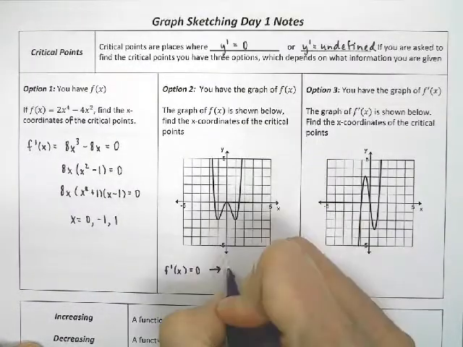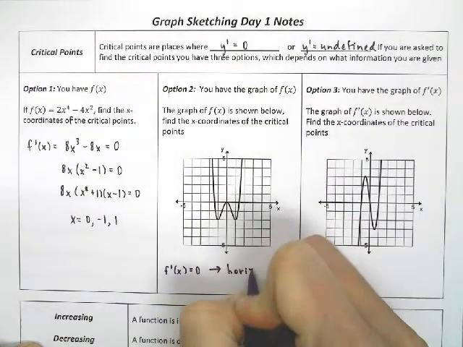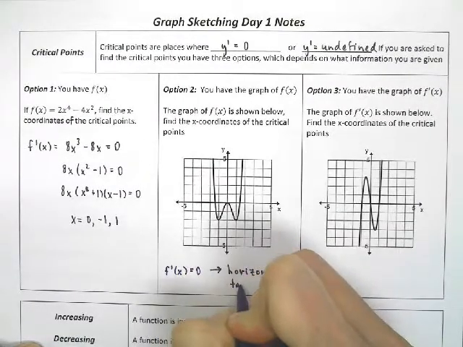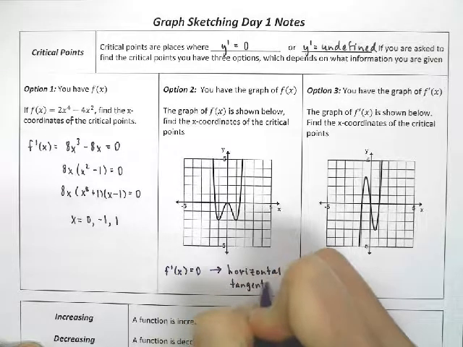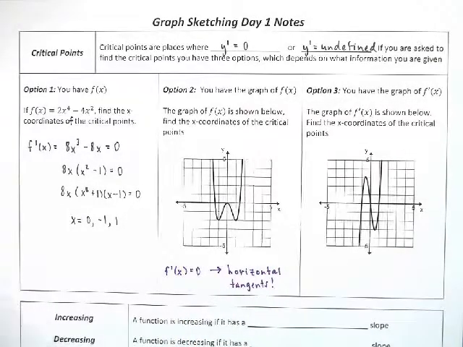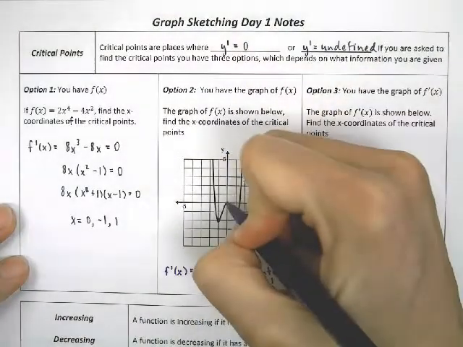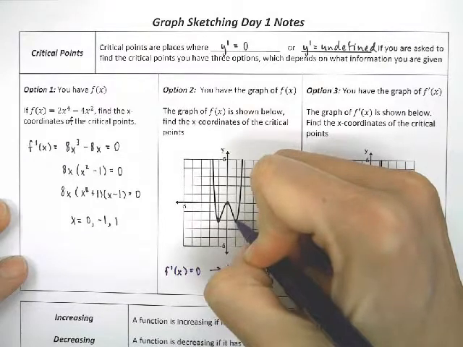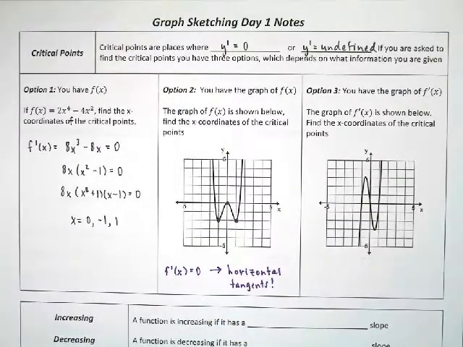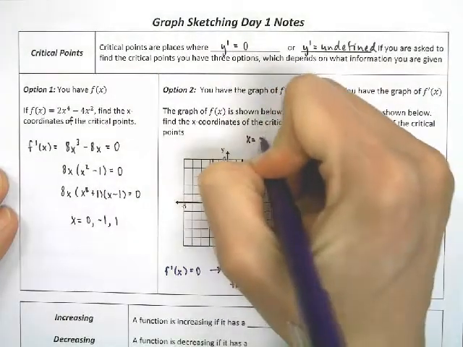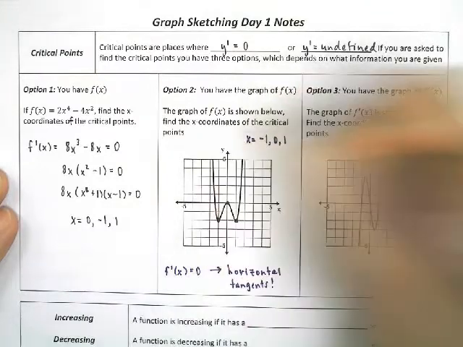So I know I'm looking for points where I would have horizontal tangents, which we know are going to occur at those max and min values. So here I know I would have one at negative 1, at 0, and 1. So I still get the same values. It's just that I'm looking at some different information. So my critical points, I'm going to put them up here: x equals negative 1, 0, and 1.